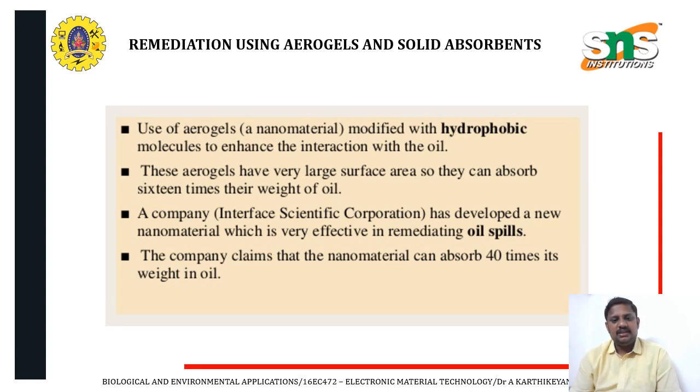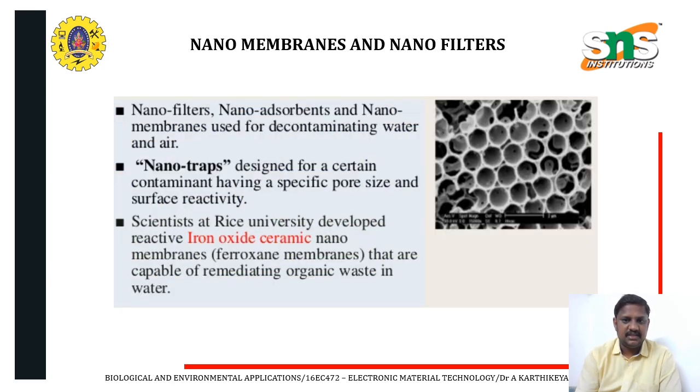A company, Interface Science Corporation, has developed a new nanomaterial which is very effective in remediating oil spills. The company claims that the nanomaterial can absorb 40 times its weight in oil. That is the main remediation of this.